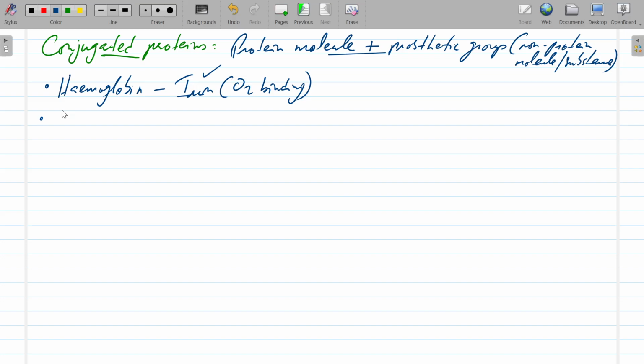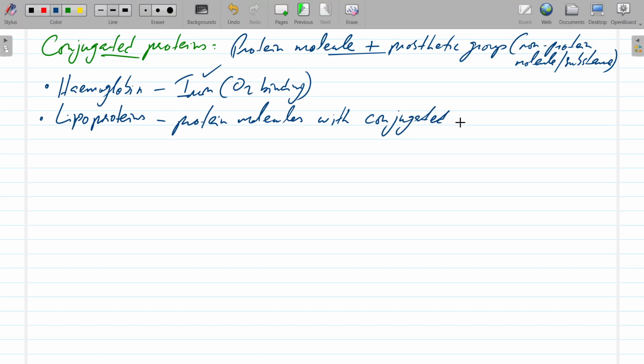Then general terms such as lipoproteins, which, as the name suggests, are protein molecules with conjugated lipids. You can find them, for example, as proteins in the cell surface membrane or the cell membrane.